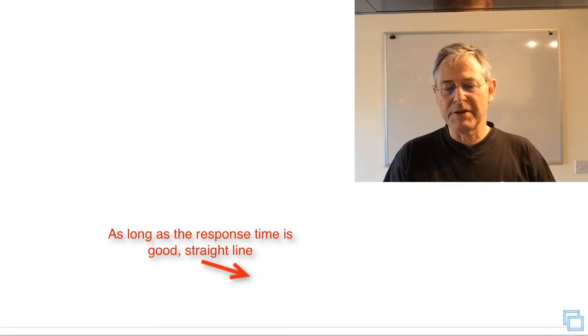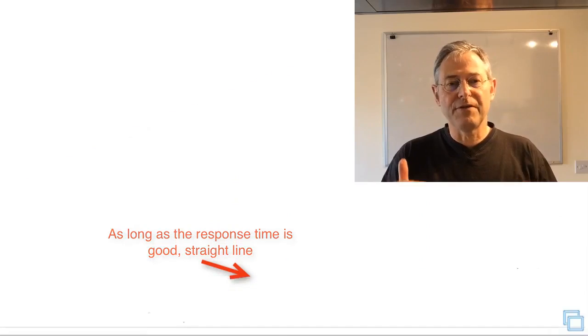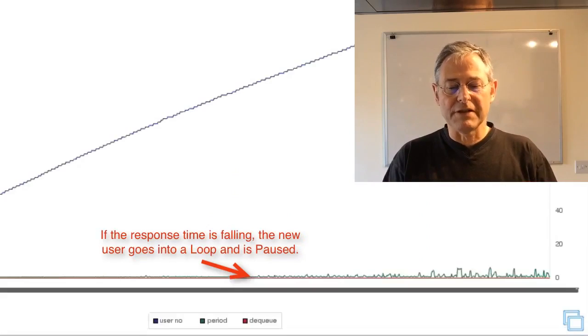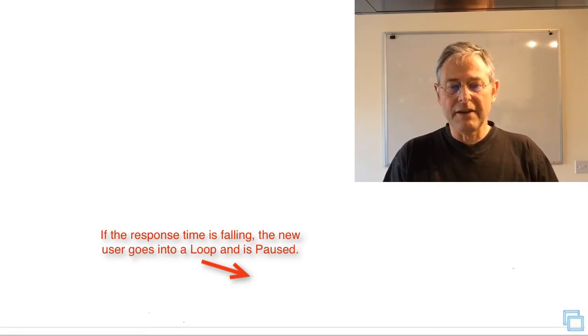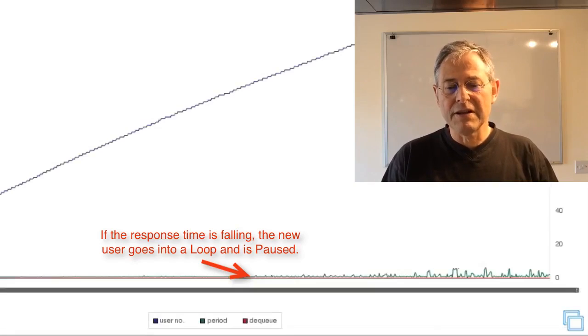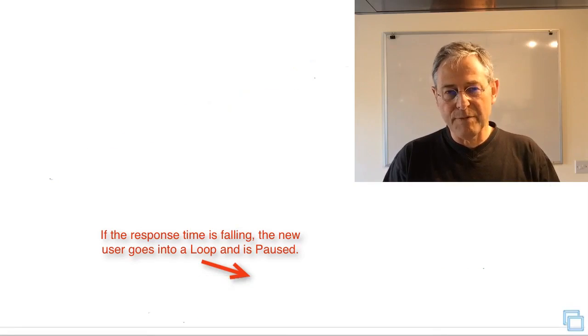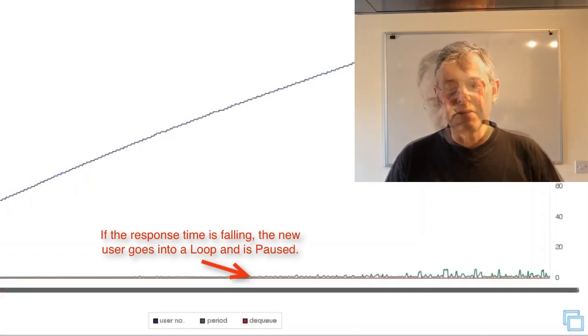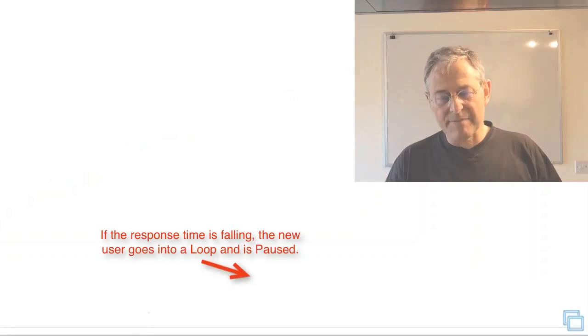If the current response time is, or the performance is falling, then we put the new user into a loop and they don't go forward and start doing their work until the performance is recovered. So we're trying to take the load off the server by that mechanism.